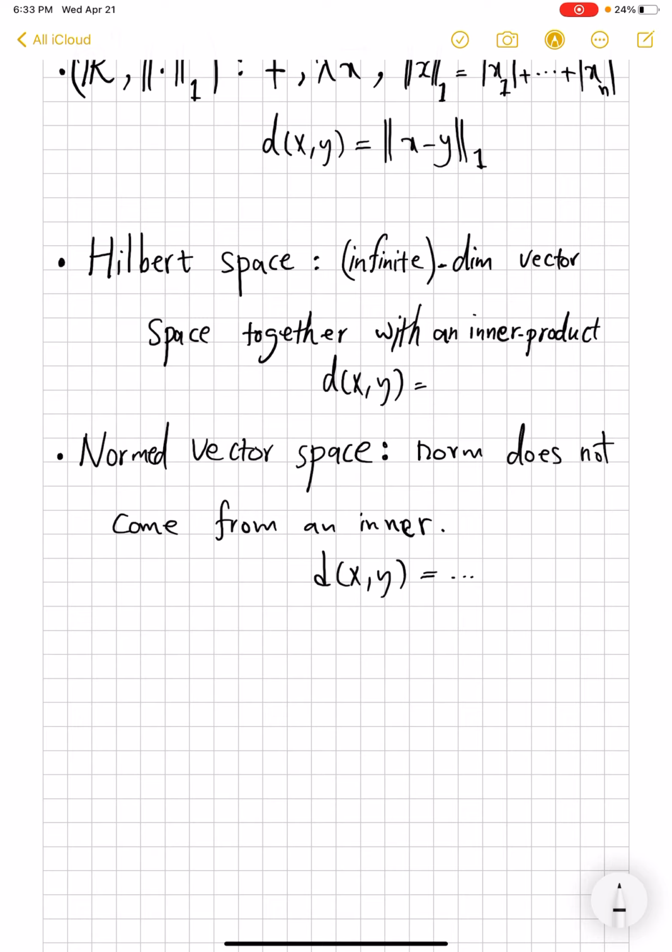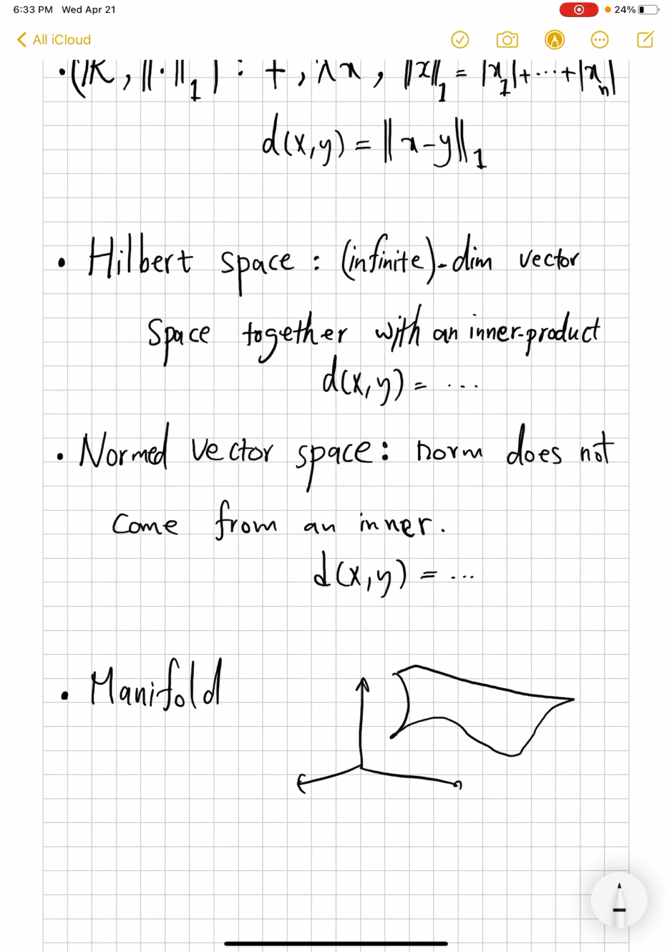However, you may wonder, are there metric spaces where the distance function has nothing to do with the norm? And definitely there are. One example will be manifolds. So think about R3 and any manifold X sitting inside R3.